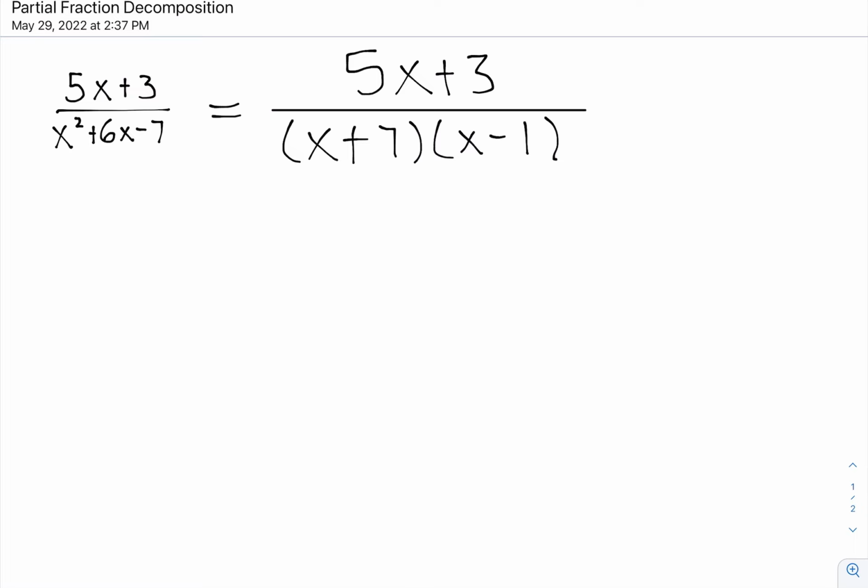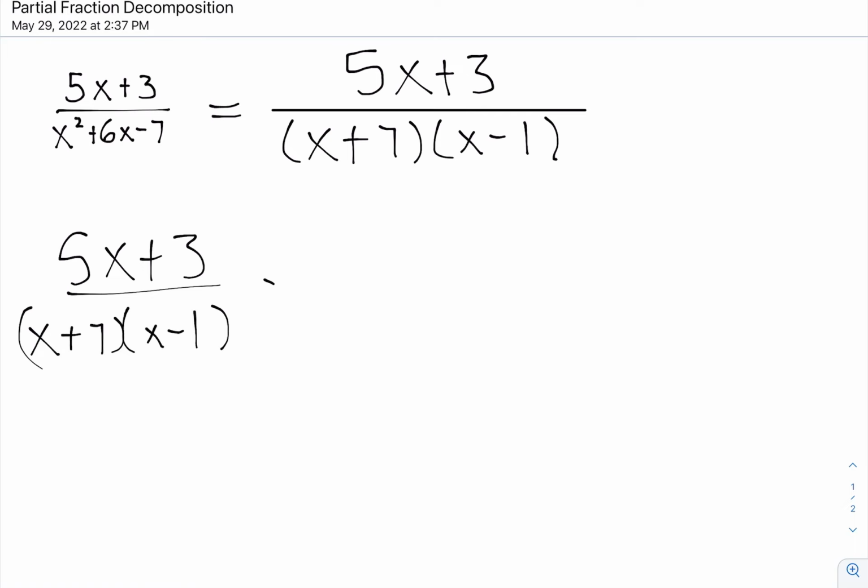And what we want to do now is say that this equals 5x plus 3 over x plus 7 times x minus 1. We're going to say that equals some constant A over one of these linear factors, let's do x plus 7 first, plus a constant B over the other linear factor x minus 1.